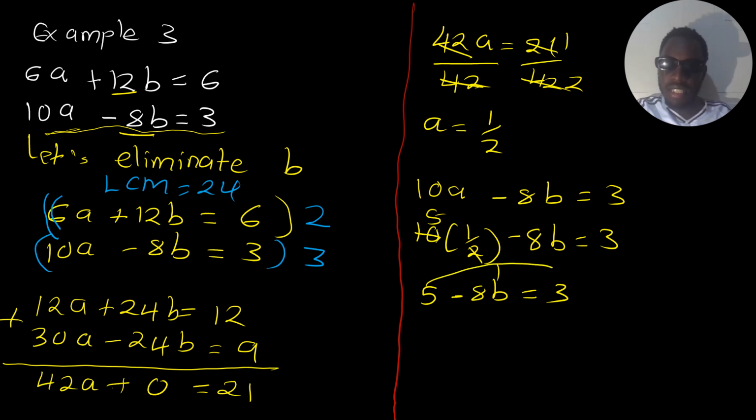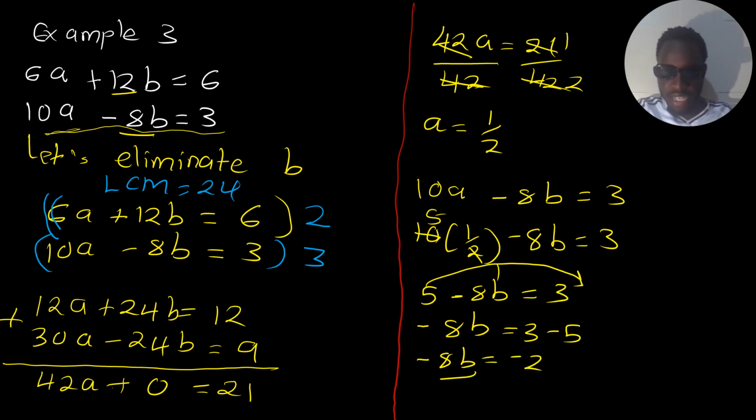So we have to take this 5 to the other side of the equal sign. Negative 8b is equal to 3 minus 5. So negative 8b is equal to negative 2. Let's divide both sides by negative 8.